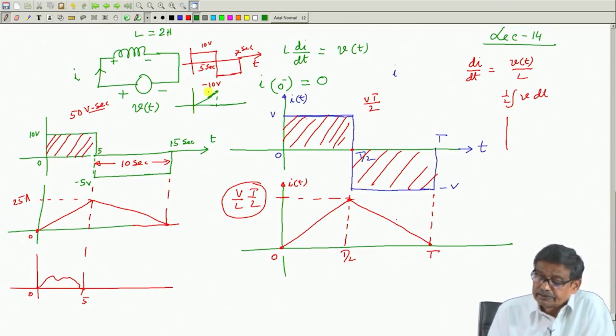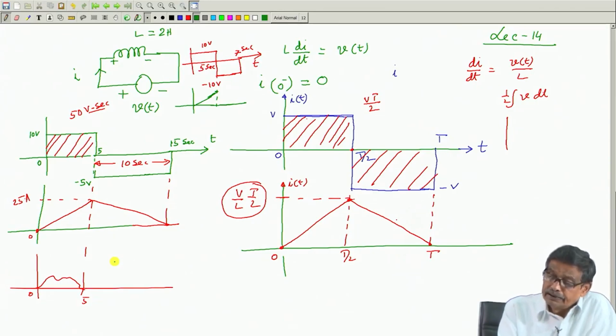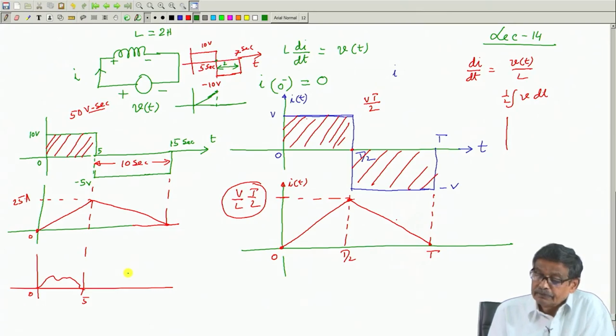In the negative half, how many volt second have you applied? There you applied 10 into 5, but this interval is 2 seconds, because 7 minus 5, this point is 5. How much volt second have you applied?